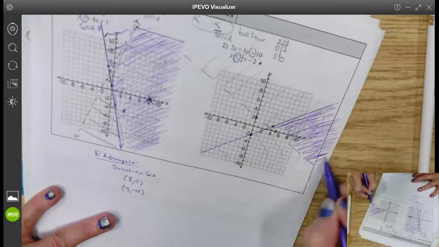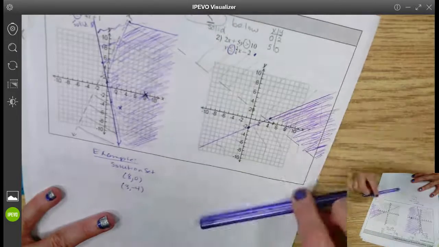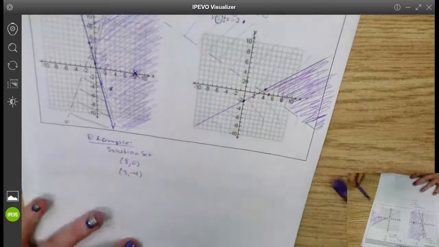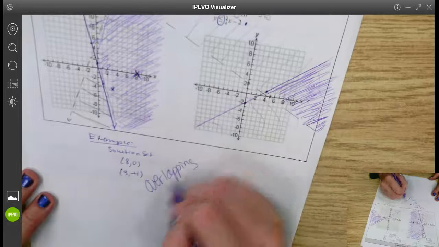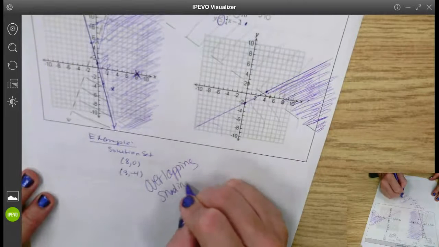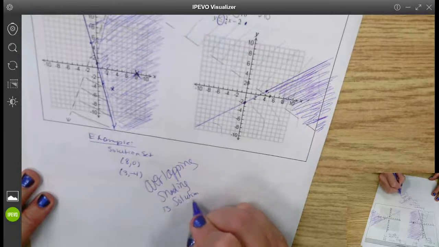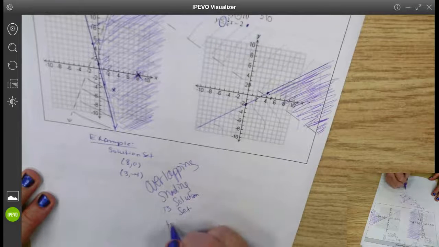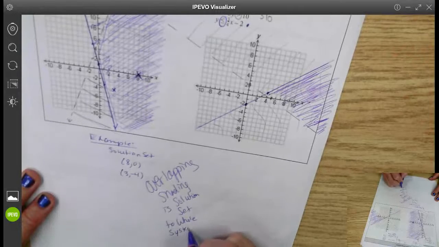Again, each of them has its own separate answer, but where they cross, where they overlap, overlapping shading, is the solution set to the whole system, meaning both answers at the same time.